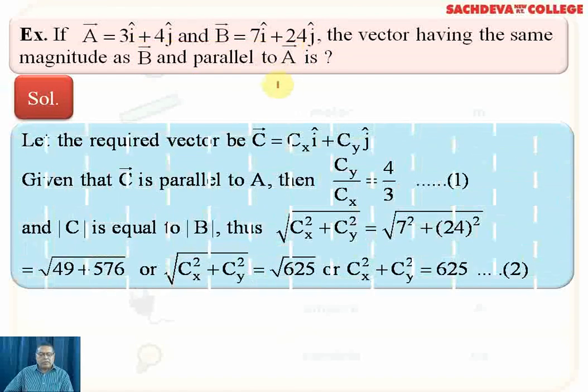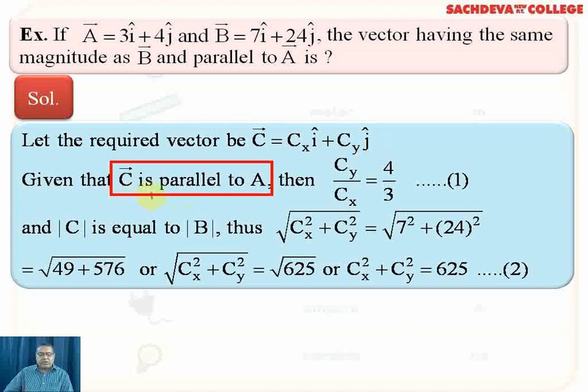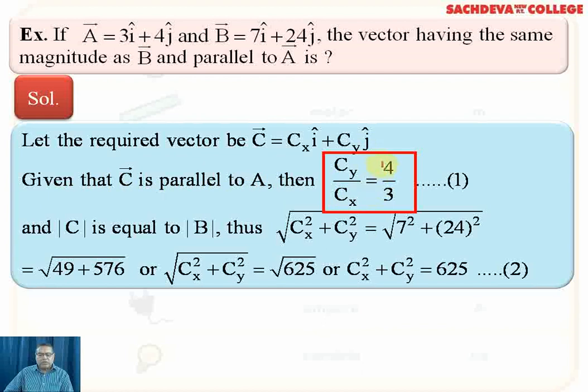In order to solve this question, the required vector is c, that is cx i plus cy j, where i and j are the unit vectors along the x-axis and y-axis. cx is the component along the x-axis and cy is the component along the y-axis. Given that c is parallel to a, cy over cx is equal to 4 by 3.